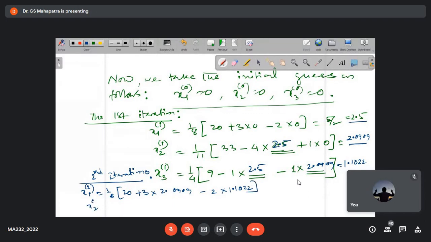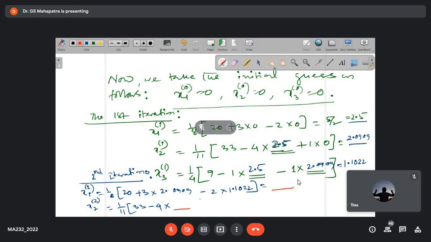x22 equals 1 by 11, 33 minus 4 into 2.5, this answer should be written here.